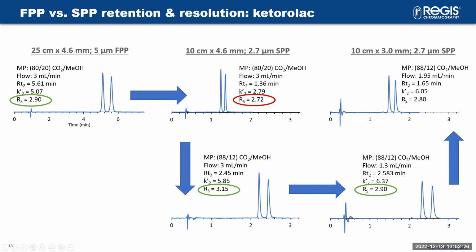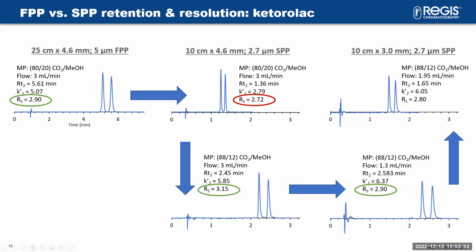So if we start at the upper left-hand side of the slide, we see the separation performed on the 5 micron fully porous particle. The k prime for peak 2 is about 5.0. If we just port those same conditions over to the 10 centimeter long column packed with 2.7 micron superficially porous particles, that retention factor of peak 2 drops from about 5 to 2.8.